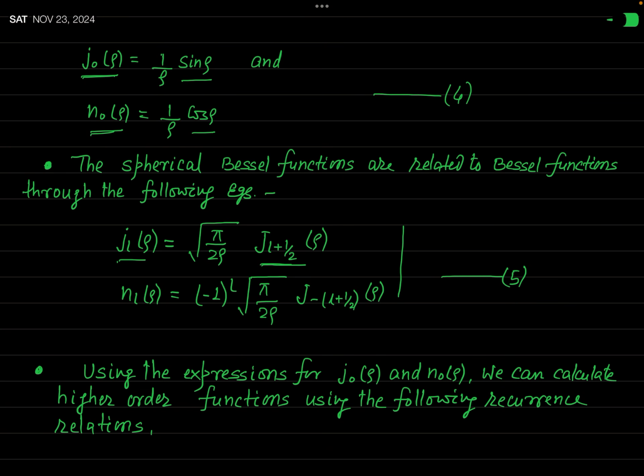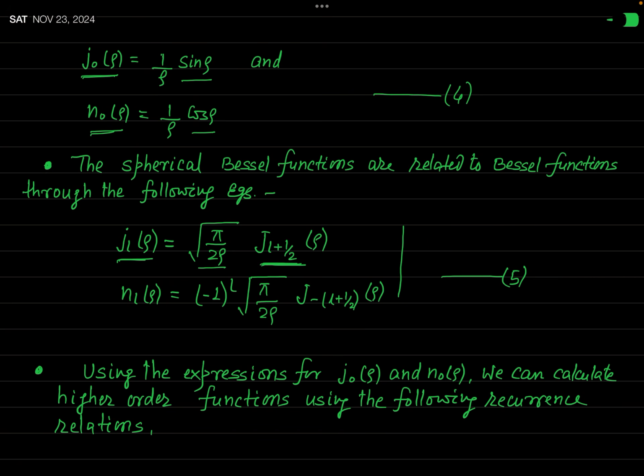The spherical Bessel function, small j_l of rho, is related to the Bessel function J_{l+1/2} of rho by this relation: j_l of rho is given by the square root of pi over 2 rho times the Bessel function J_{l+1/2} of rho.